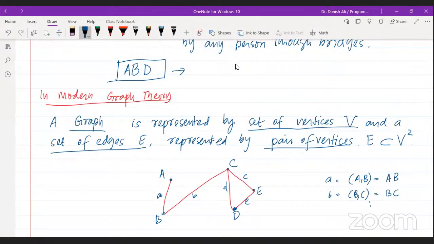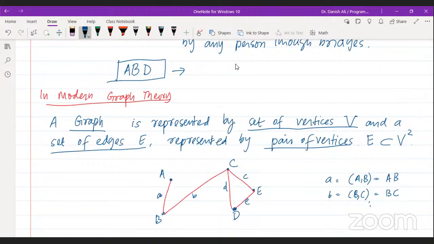The abstract definition is that it is a set of vertices and another set of edges, which are pairs of vertices. Geometrically, in the plane or in space, you can draw the graph by taking the elements of the set of vertices as points, and the edges as a line segment or some curve between the vertices.